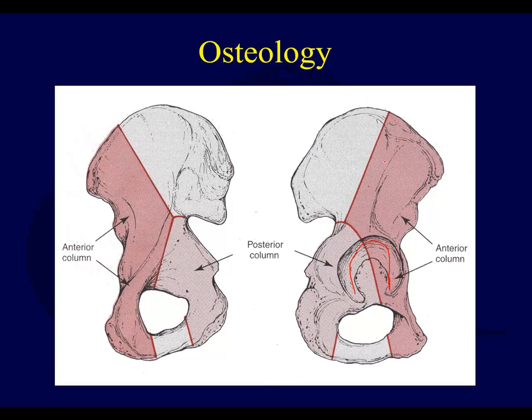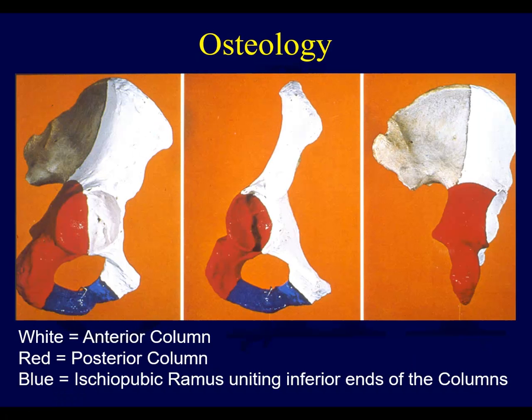Okay, and then you have the anterior column here and the posterior column here. So you kind of have this inverted Y. Okay, so this is obviously shown from the outer aspect or outer table, and here this is shown from the inner aspect of the pelvis, or medial aspect. All right, anterior column, posterior column.